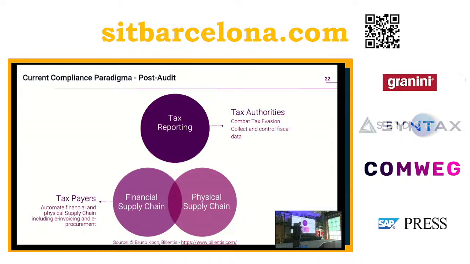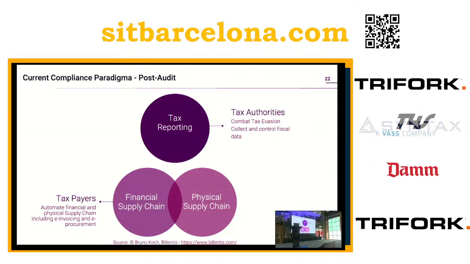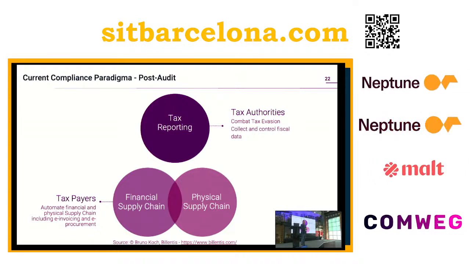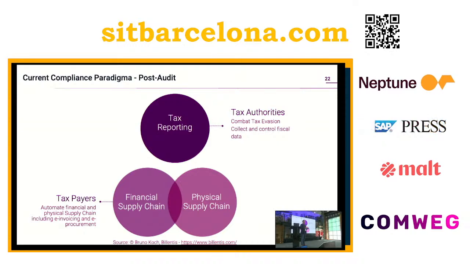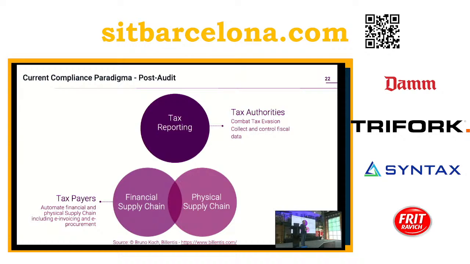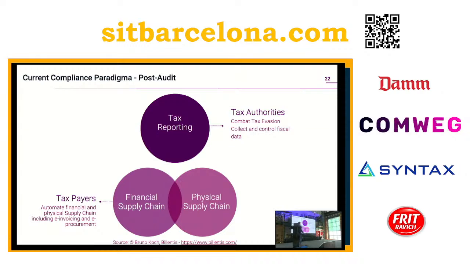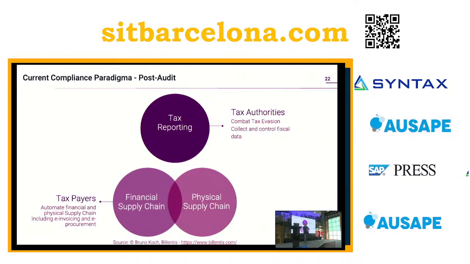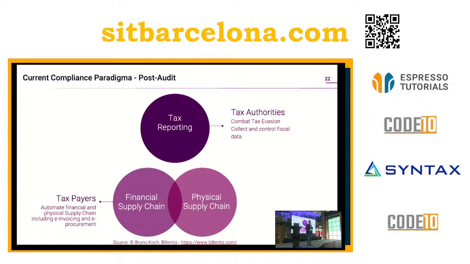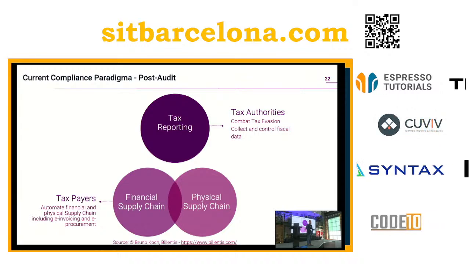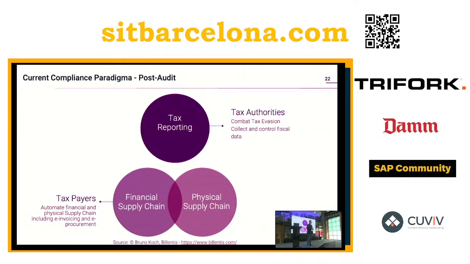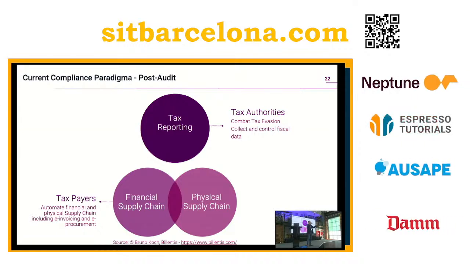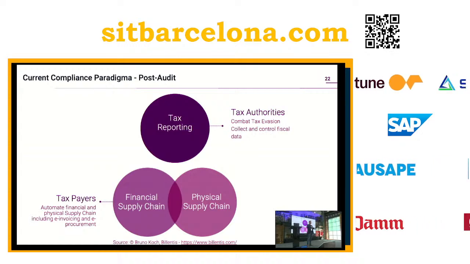Down below you have the taxpayers, you are constantly selling your products, and they are issuing invoices, and after 3 months or a quarter, you have to generate a report and send this report to the tax authority saying, I sold 1 million euros and I have to pay 210,000 euros in tax. So you perform your business first and then you report it to the tax authority.